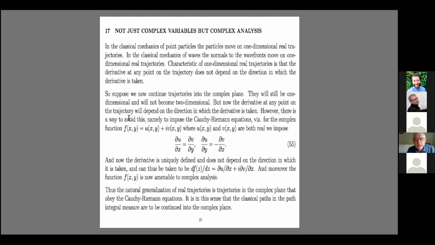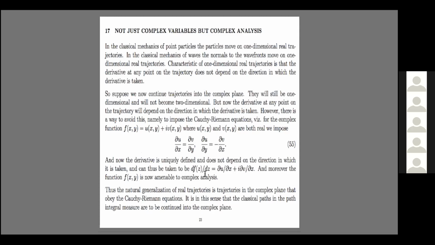However, we can avoid that problem, namely make the derivative independent of direction, if we impose the Cauchy-Riemann equations. So for a complex function f, which is u plus iv, we choose du dx is dv dy, du dy is minus dv dx. Then the derivative is uniquely defined and does not depend on the direction which is taken.